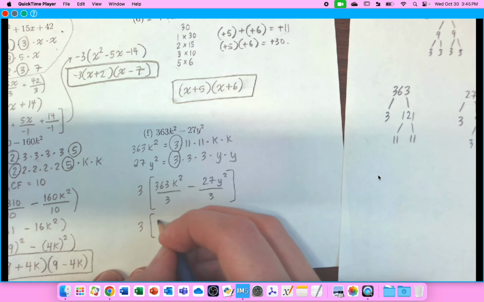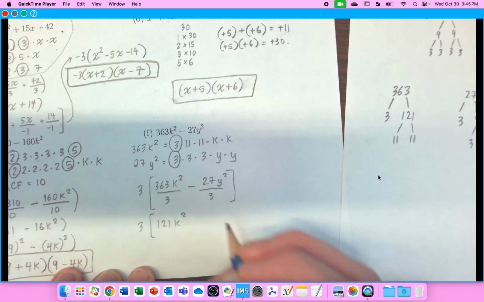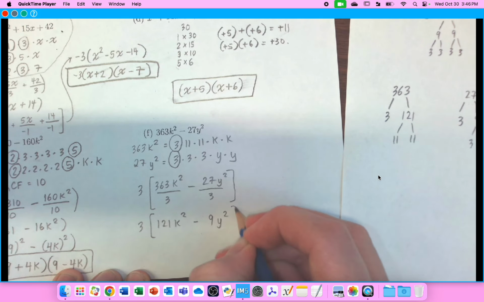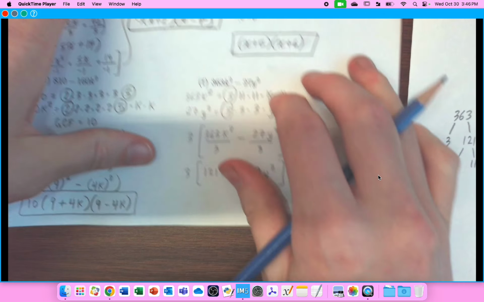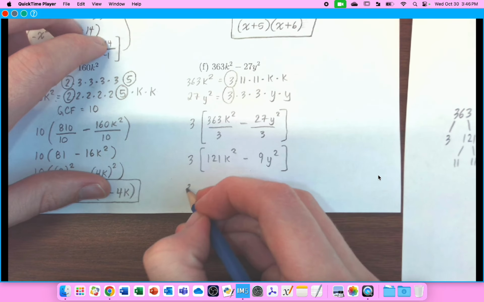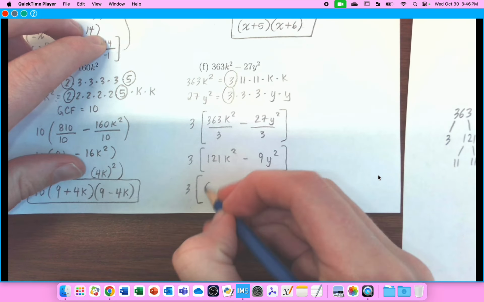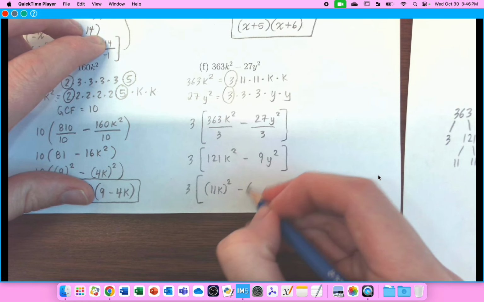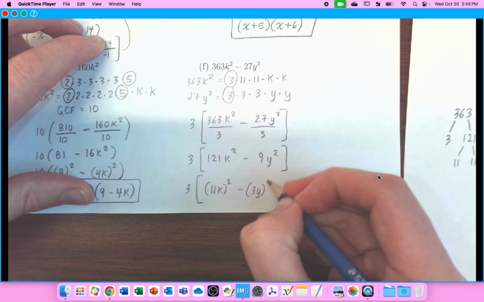I guess it's going to be 121k squared minus 9y squared. I know I can write that as 11k squared minus 3y squared.